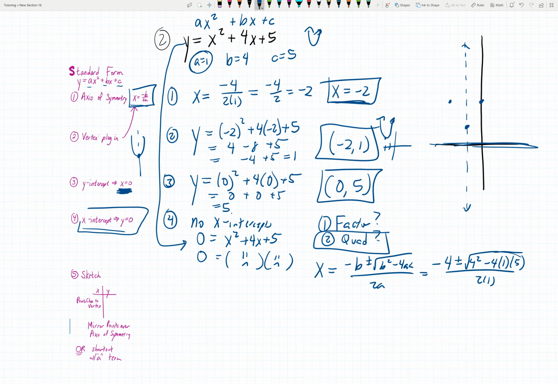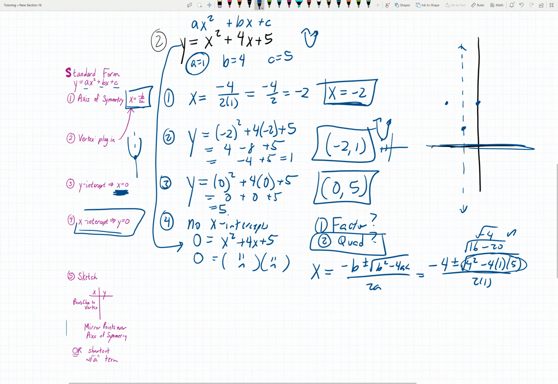And just examining this part underneath the square root, the discriminant, that's 16 minus 20. That's negative 4. I'm trying to take the square root of a negative number. That is not real. So when we're graphing, that means that there are no real numbers that are going to make this thing equal 0. So we go back to our conclusion that there are no x-intercepts.